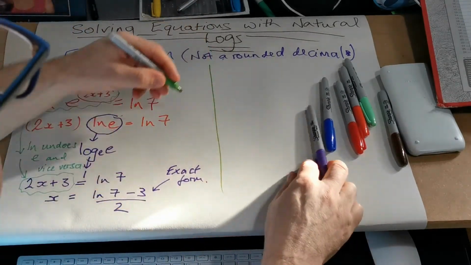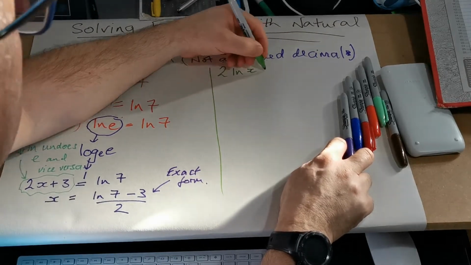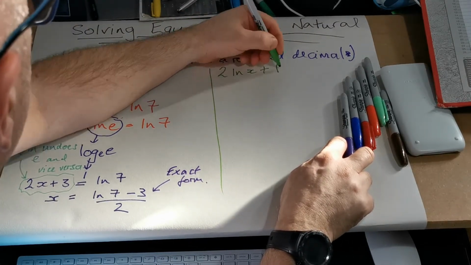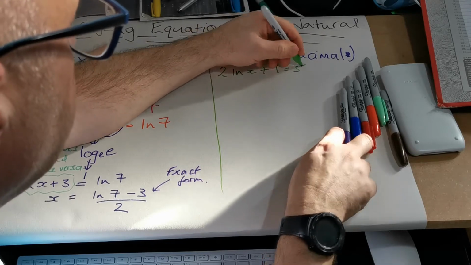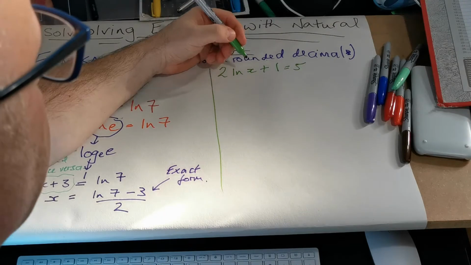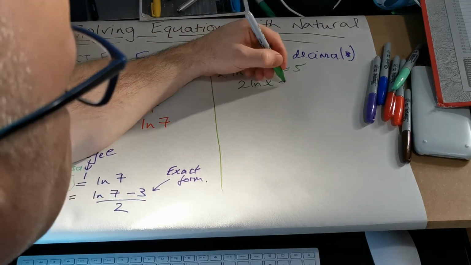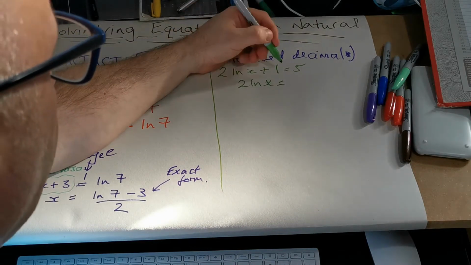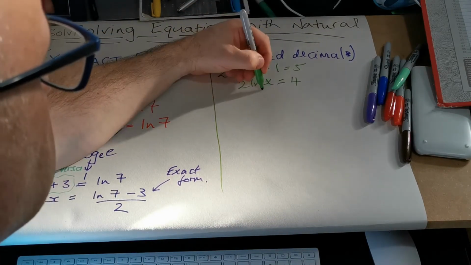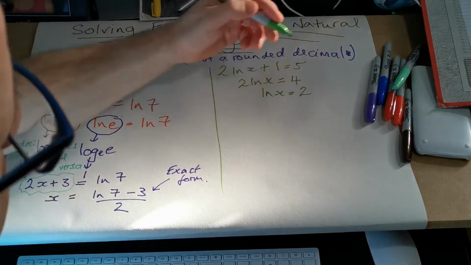So taking that just a little bit further, if I had a question that said 2 ln x plus 1 is equal to 5, I would say, rearranging that, I've got 2 ln x is equal to 4. So ln x is equal to 2.